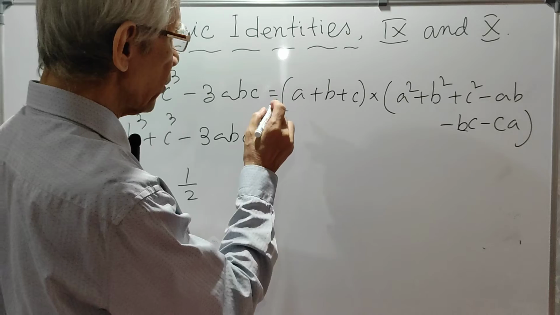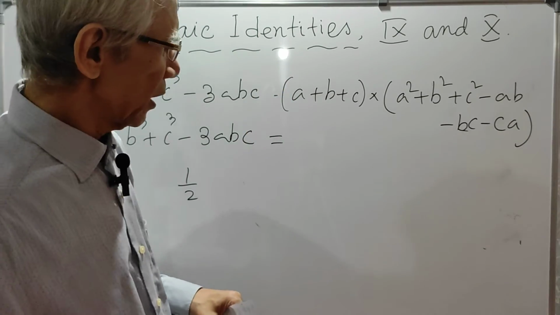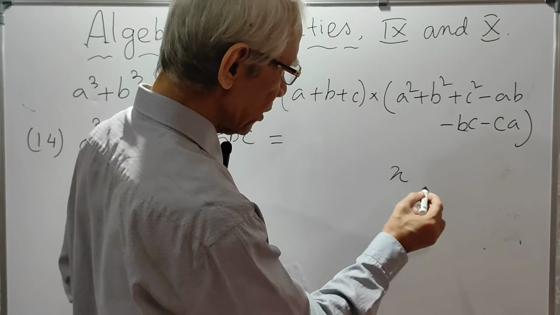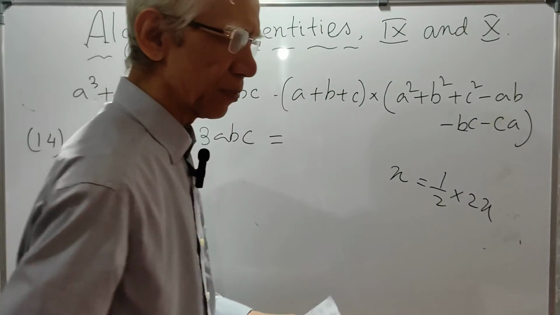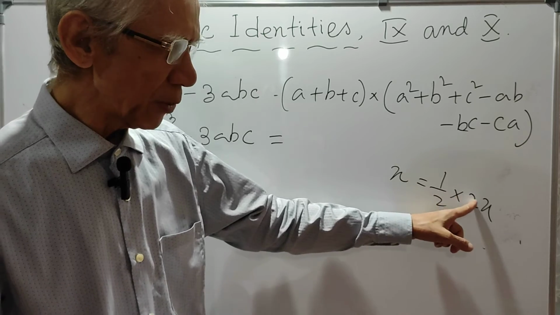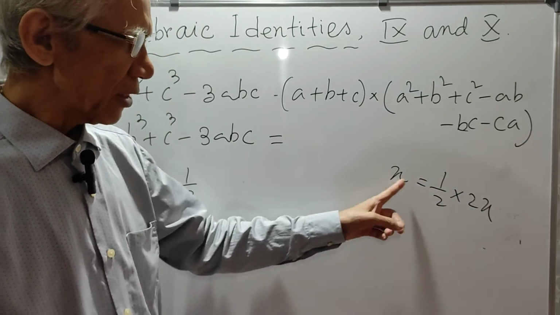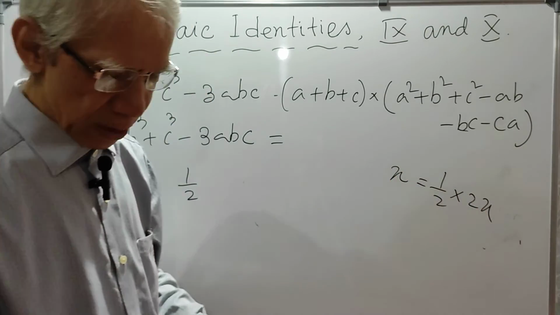Suppose, giving you an example, x. Now x is equal to half into twice x. If you multiply by half, you have to multiply by 2 again so that half and 2 cancel, giving you back x. So x is half into 2x. That means you multiply by half and multiply by 2. That is what we are going to do.